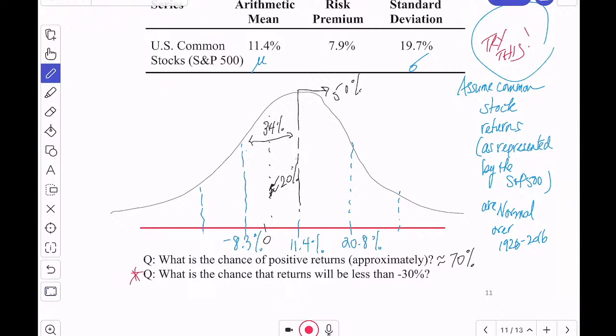So you need to keep going with the subtracting of the standard deviation. What would this endpoint be in this one? So this will be another minus 0.197.